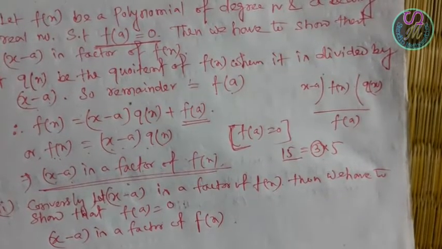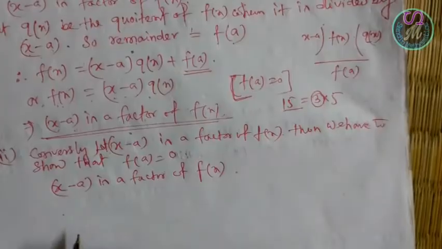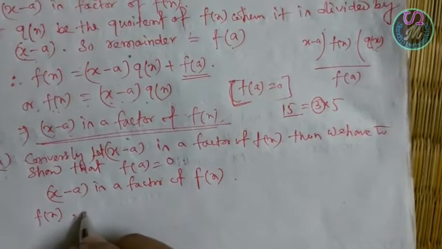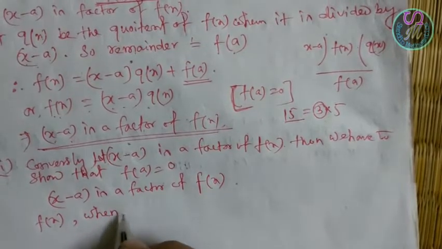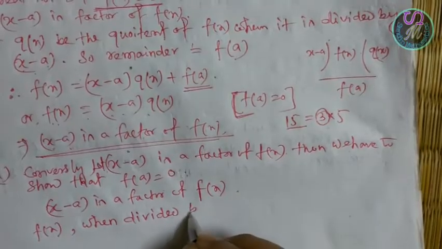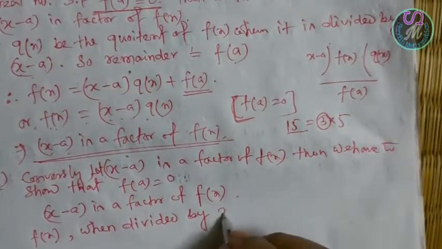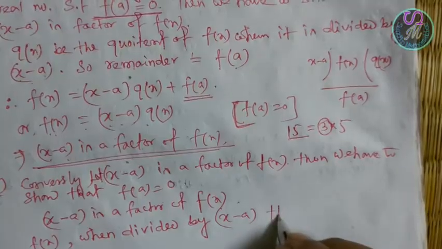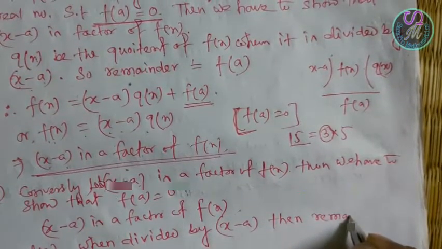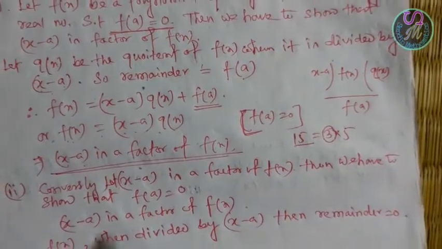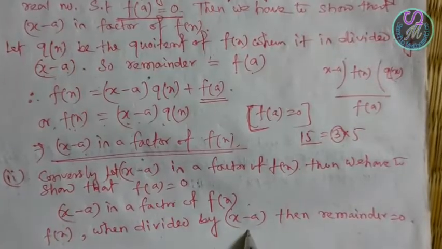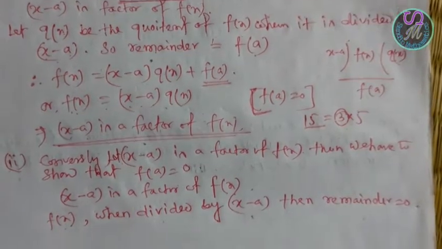Now x minus a being a factor of f(x) means that when f(x) is divided by x minus a, the remainder must be equal to 0. Obviously the remainder is 0.